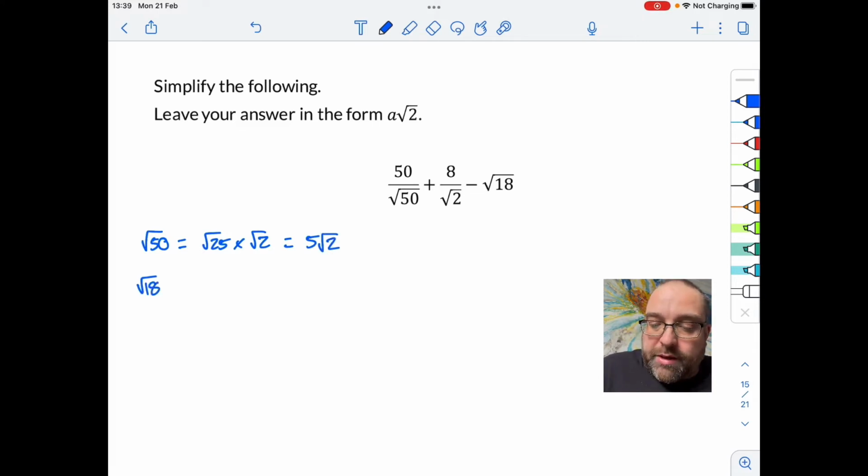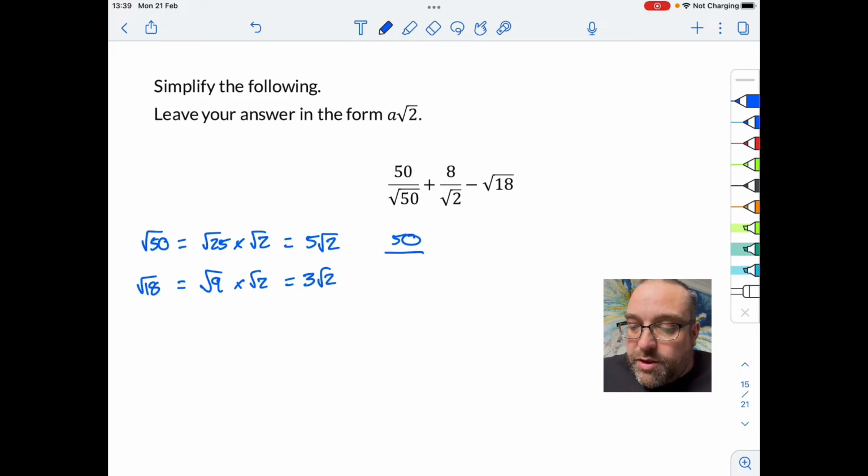And while we're at it, we'll simplify the root 18, which is root 9 times root 2, which is 3 root 2. Okay, so we can rewrite our initial statement, put in these new values in. So 50 over 5 root 2 plus 8 over root 2 minus 3 root 2.